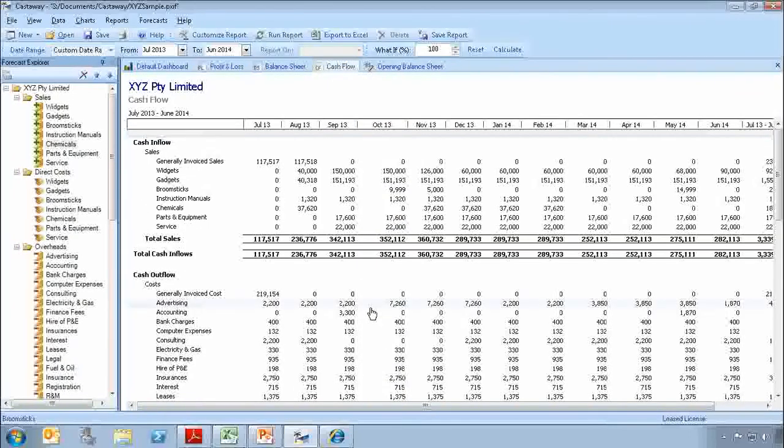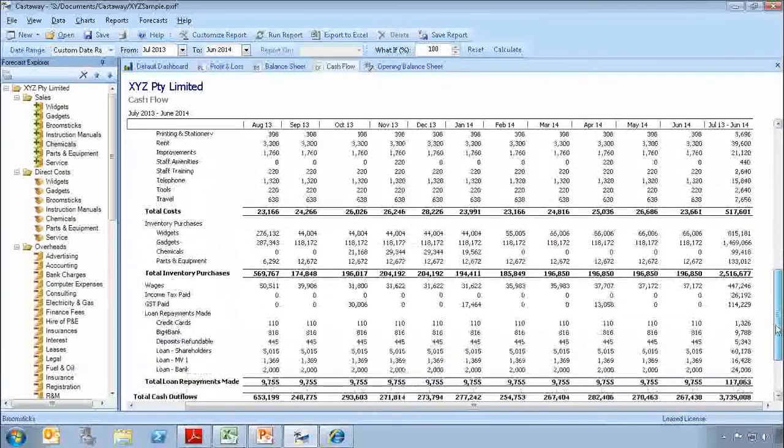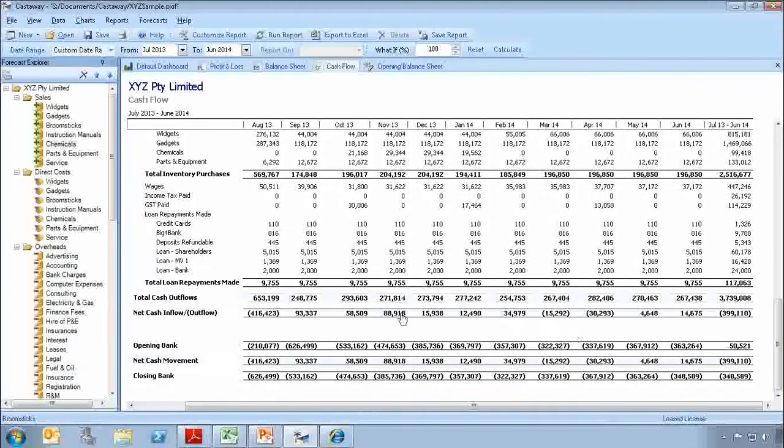However, when we look at how quickly they're receiving their money, and how quickly they're paying out their creditors, and how quickly they're turning over their stock, the model has worked out that there's actually going to be, in this particular example, $399,000 worth of net cash outflows after taking everything into account.